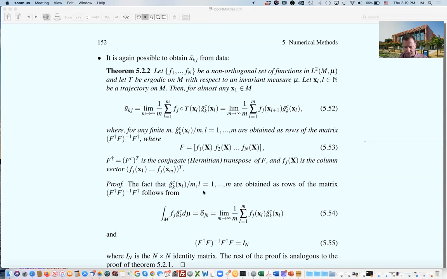So each column here contains evaluations of one function on m points along the trajectory.